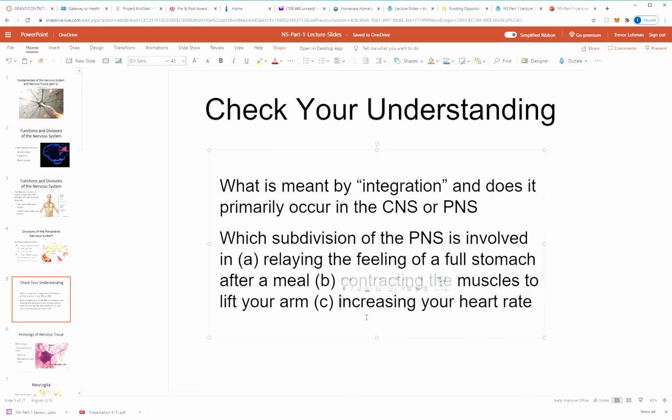Well, you might say viscera, but visceral was pertaining to sensory specifically. This is a motor action. We're increasing your heart rate. So the branch of your nervous system that innervates cardiac muscle and smooth muscle and glands that could do something like this would be your autonomic division. And that's even the example I used earlier.